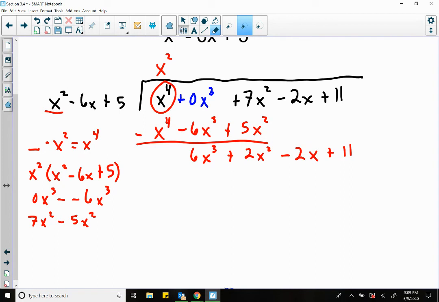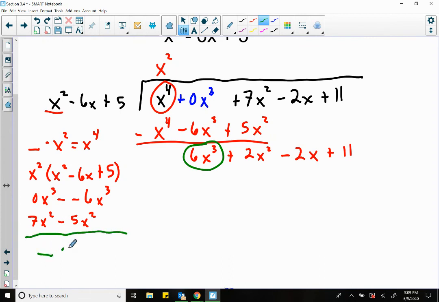So now we repeat. Now we have a new guy to get rid of. So what times x squared will give us 6x cubed? And hopefully you said a positive 6x.